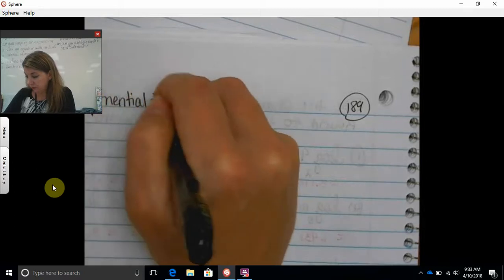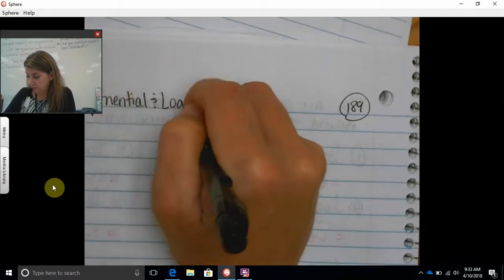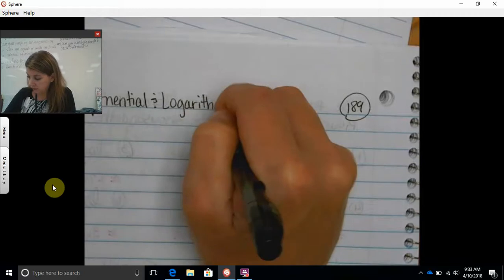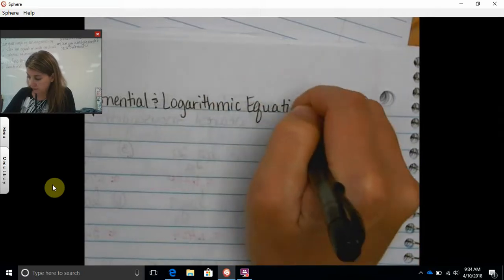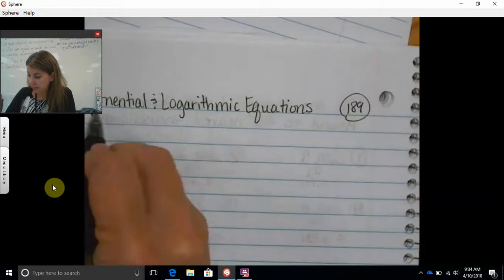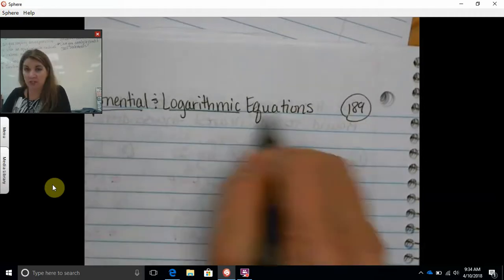Title is Exponential and Logarithmic Equations.